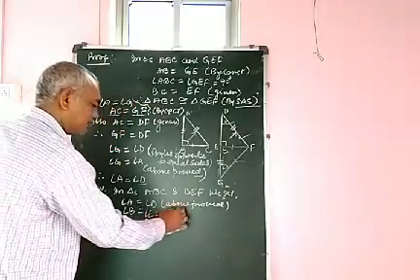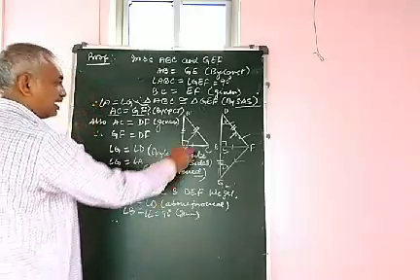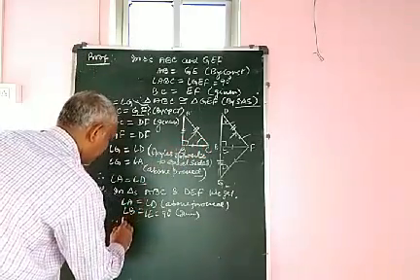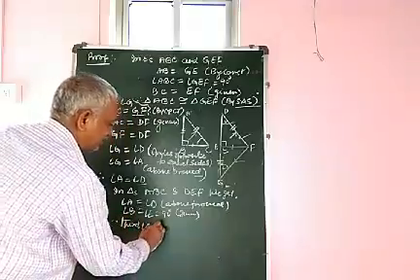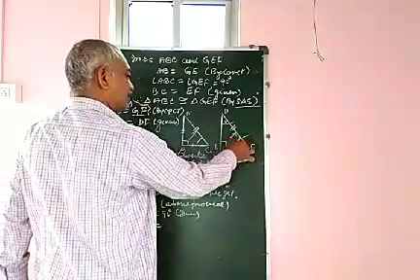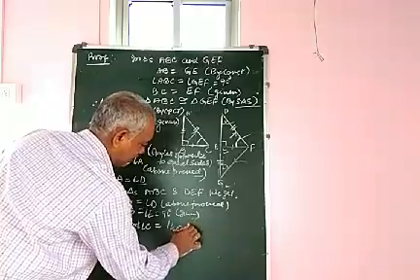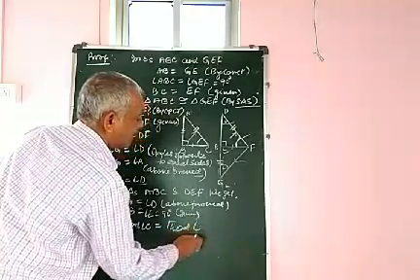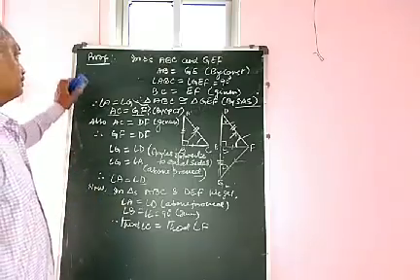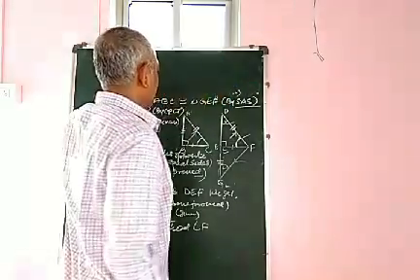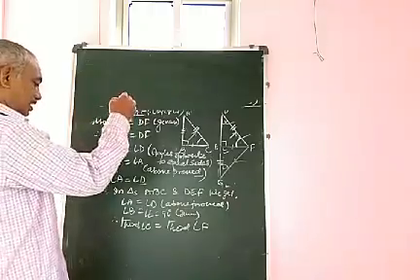This is given. Therefore, the third angle C will be equal to the third angle of the other triangle, that is the third angle F. So angle C is equal to angle F.